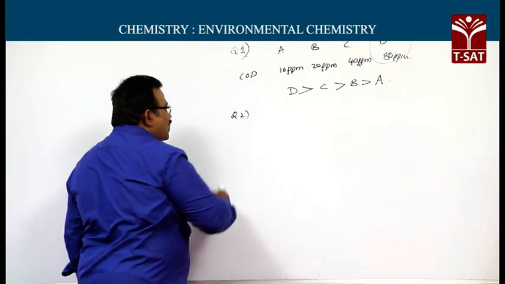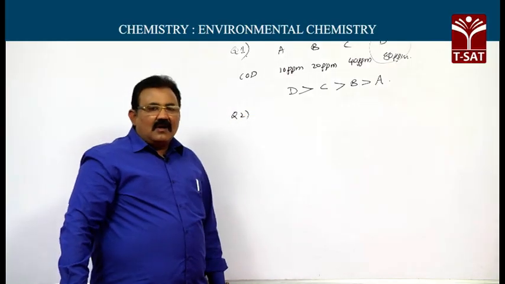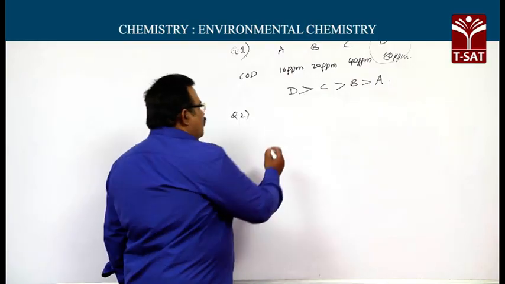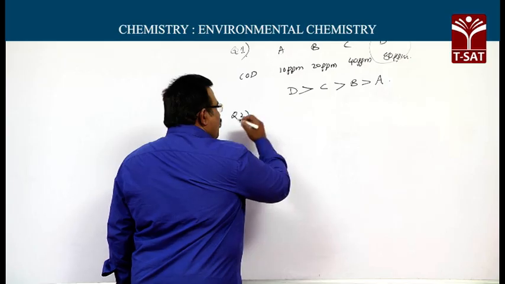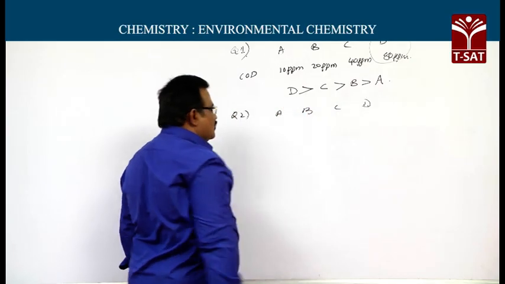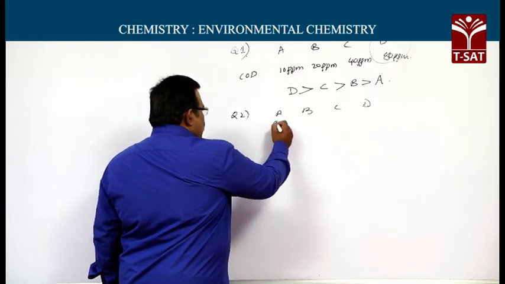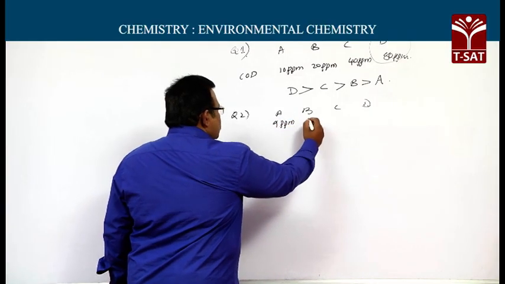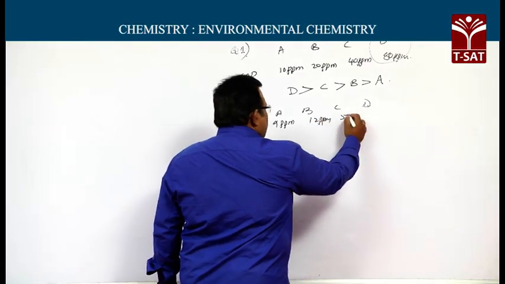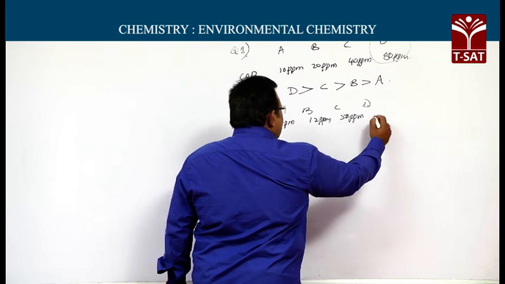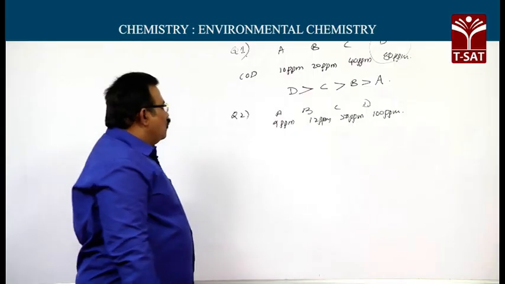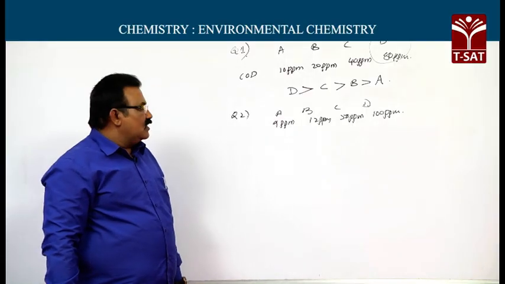Sometimes they will ask a question on TLV. The TLV values of 4 gases A, B, C, D are 9 ppm, 12 ppm, 50 ppm and 100 ppm. Which is the most toxic pollutant among these 4?